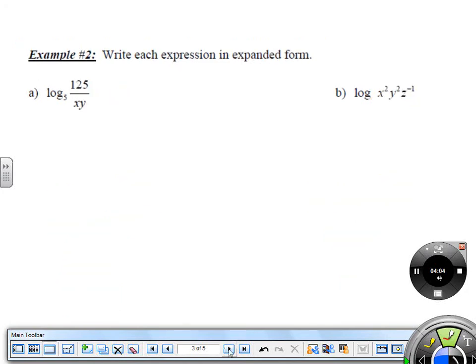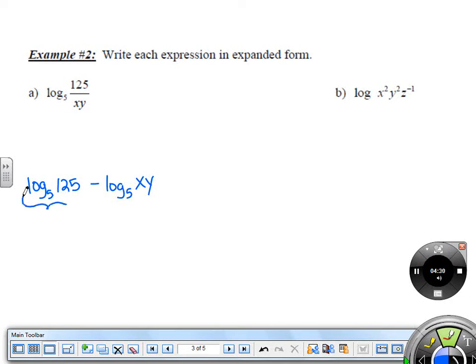Then we can do the same thing in reverse. We can expand it. Notice in this first one, the first thing I notice right away is that there's a quotient. So that quotient is going to split into two logarithms that are being subtracted from each other, the numerator as part of the positive logarithm, and the denominator as part of the negative logarithm. Now, this can be expanded even further.